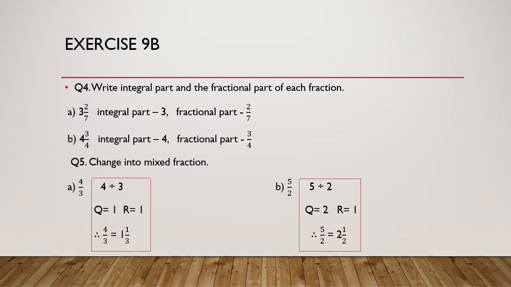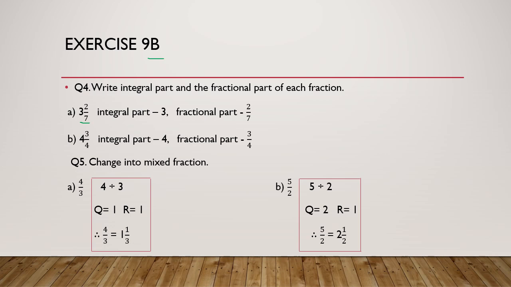Now I am going to start exercise 9b. I am doing question number 4 for you. Write integral part and the fractional part of each fraction. First is 3 whole 2 upon 7. In this mixed fraction, you have to tell which is the integral part and which one is the fractional part.